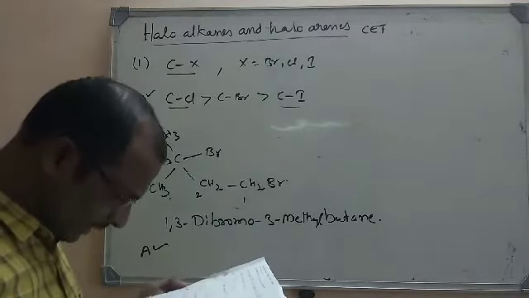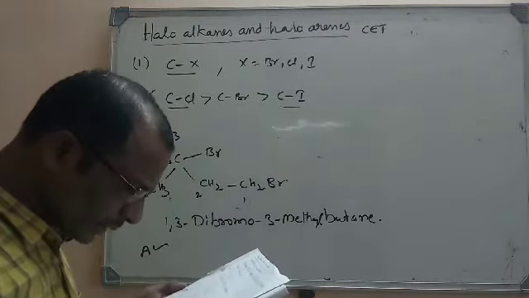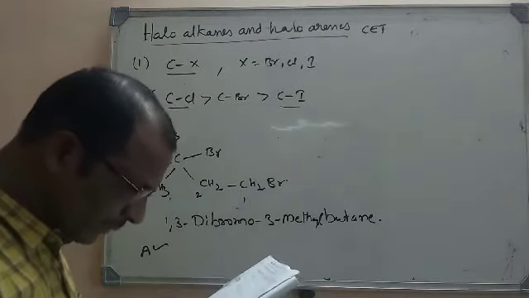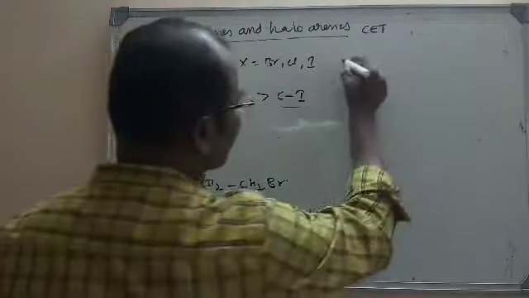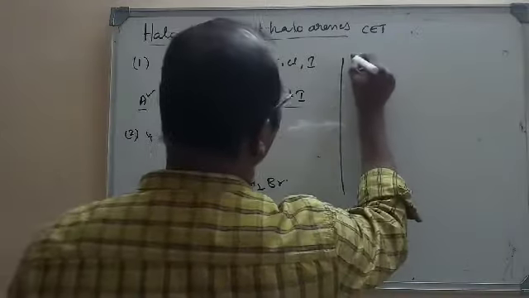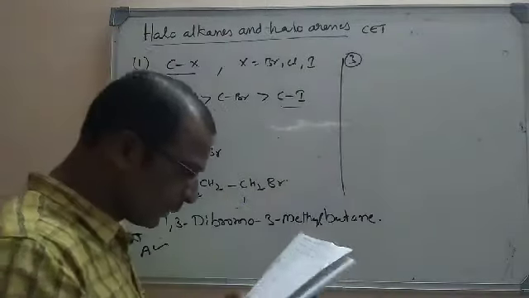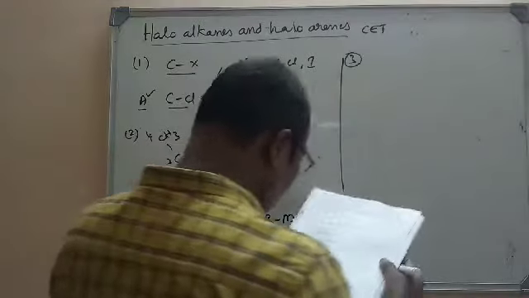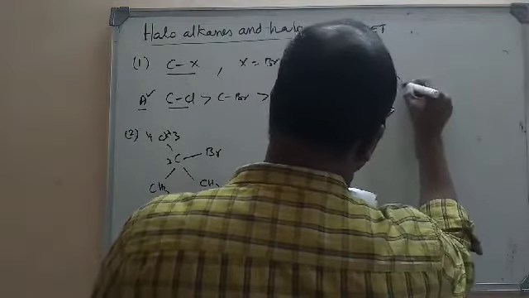Now let us go for the next question. The IUPAC name of the given compound is. Here one compound is given, for that we have to give the IUPAC name. Let me write the compound first.